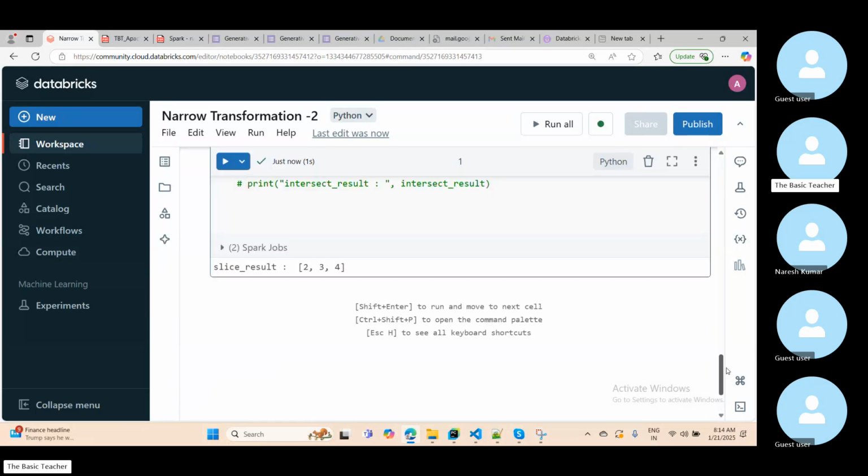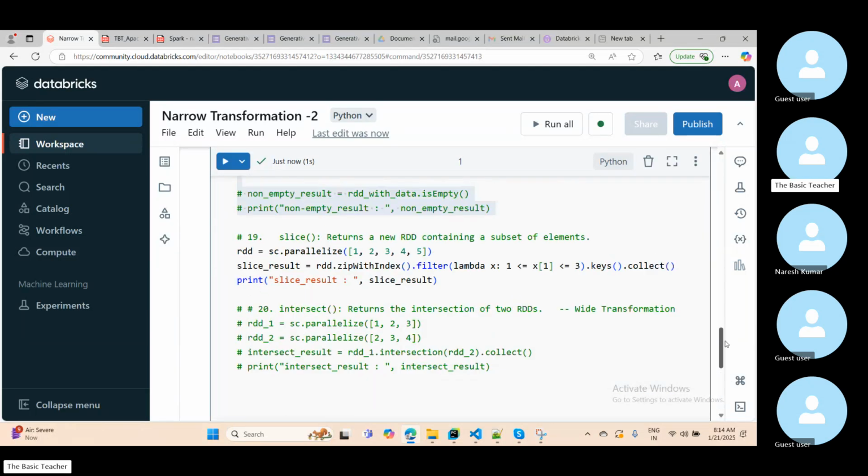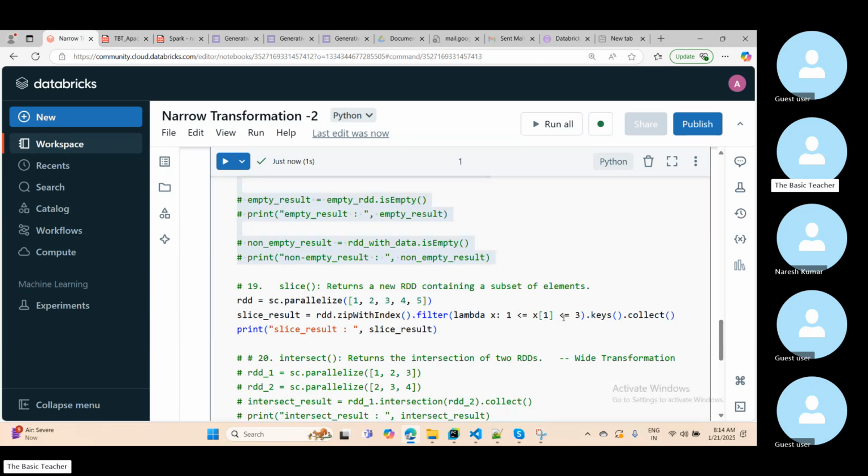Okay. So slice result is 2, 3 and 4 because there is a condition. And based upon the condition, this is taking greater than, sorry, between 1 and 3.